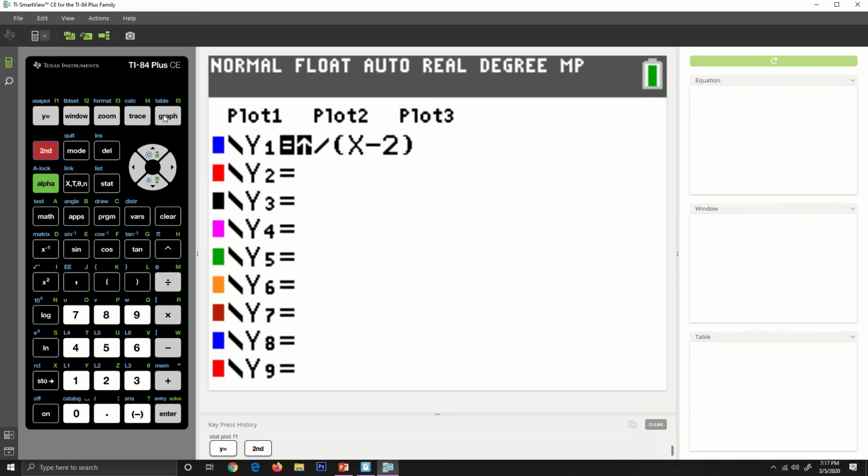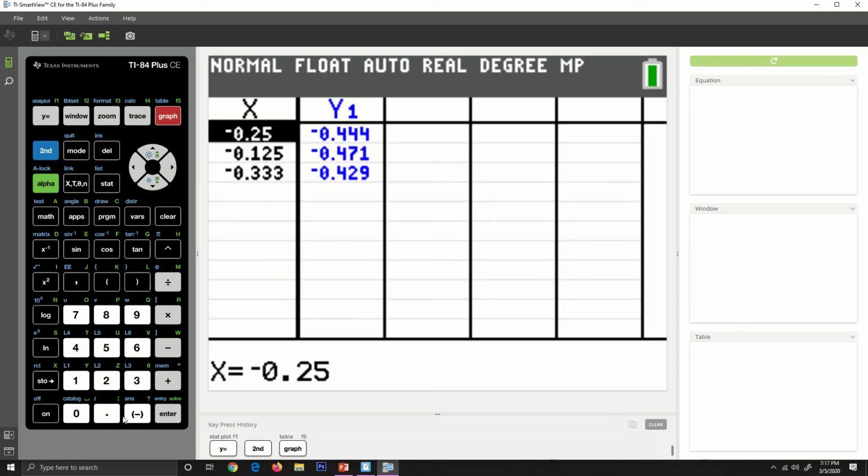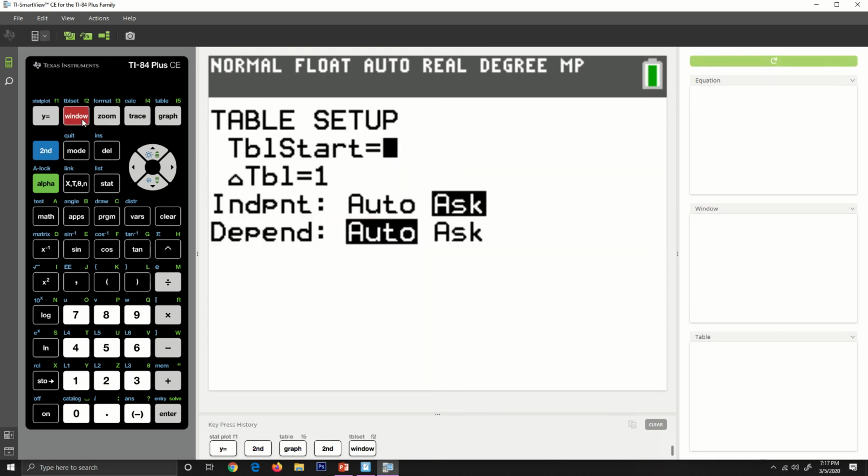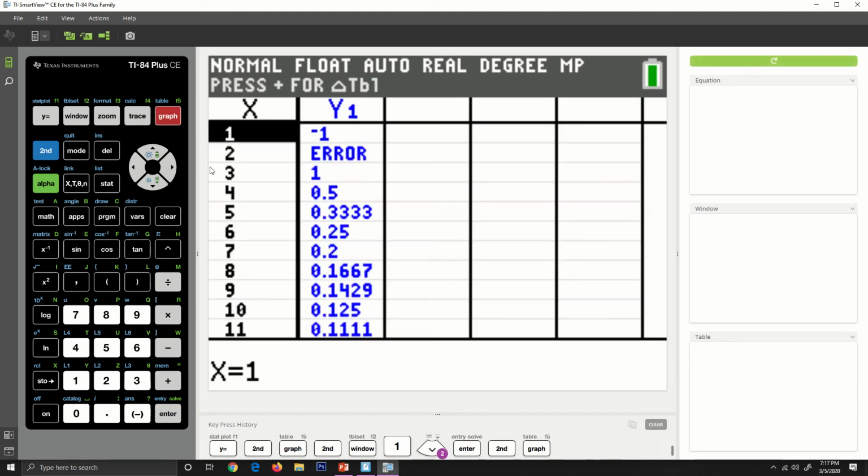And if we go to our graph here, let's open my window. Let's start at 1, go by 1s, turn to auto. Real quick, you can see I have an error at x equals 2. There's my undefined, because again, you can't divide by 0.